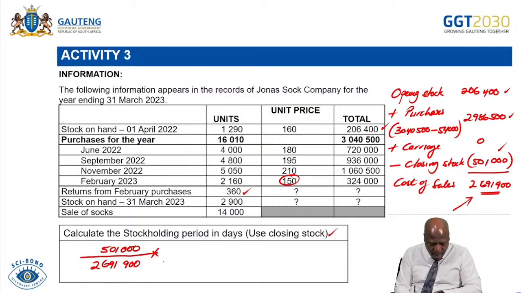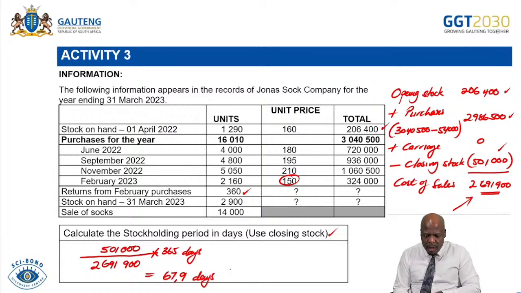Then we multiply this by 365 days. How much is it going to give us? It will give you 67.9 days. This was method number one.